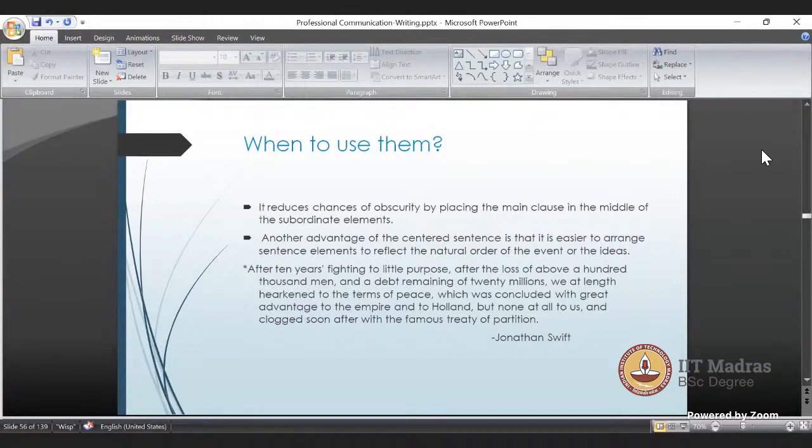Another advantage of it is that you can arrange sentence elements to reflect the natural order of events. Okay. So one good thing about this particular structure is that it helps you to build a sequential order.